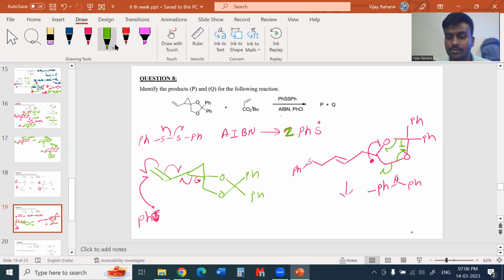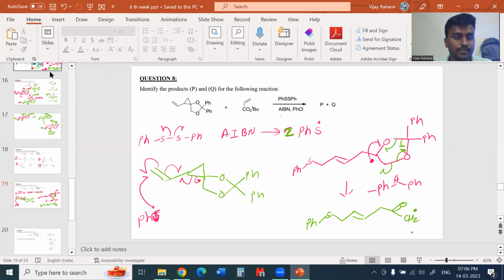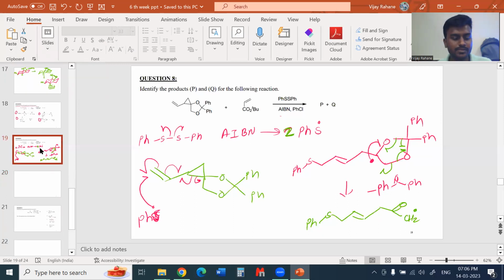So PhC double bond O, Ph will be removed, and the formed product will be PhS, right? Here will be a double bond and CH2 radical. This product is getting formed in this step. So when this product, I will just copy this product to the next slide.